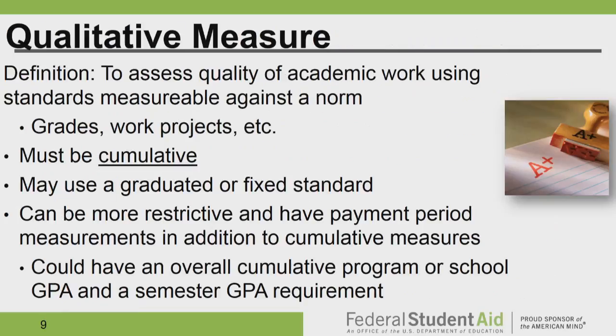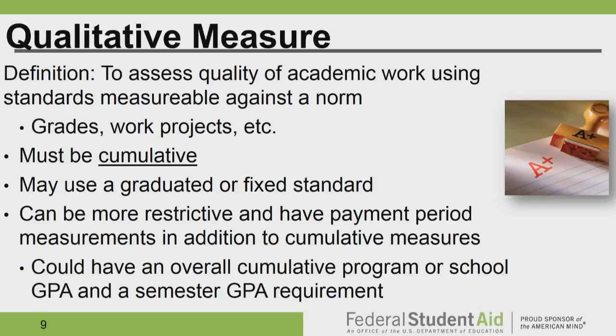Looking in more detail at the qualitative measure, we want to remind you of our definition, and that's assessing the quality of academic workload using standards that are measurable against a norm. And what that really comes down to for most of you would be grades. Most of you, I'm pretty sure, would use a GPA to define your qualitative measure. We want to remind you that for our purposes for a SAP check, our regulations require that you use a cumulative standard.